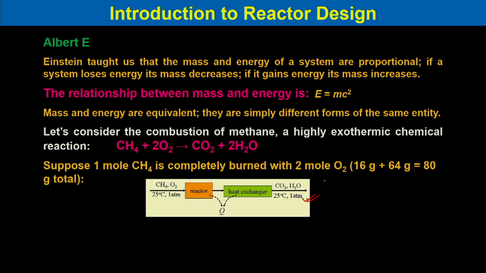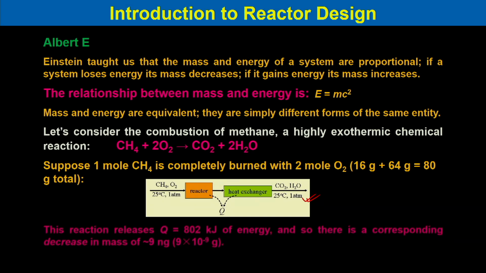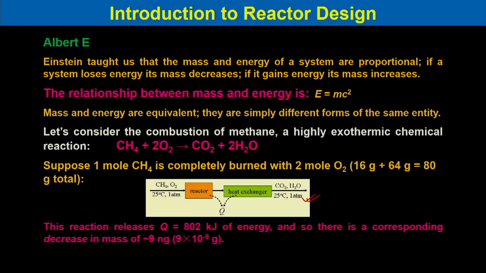Because of this highly exothermic reaction, the heat released Q is equal to 802 kilojoule of energy. If we consider this energy and apply the E is equal to mc square formula, we can see that the corresponding decrease in mass is about 9 nanogram, which is 9 into 10 to the power minus 9 gram.